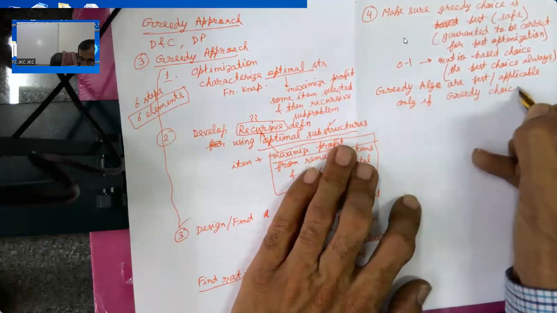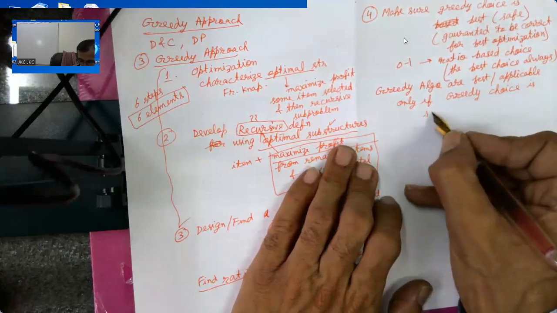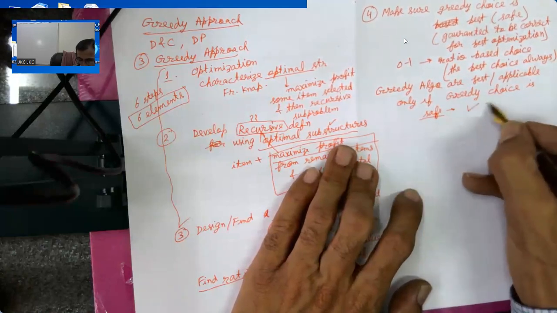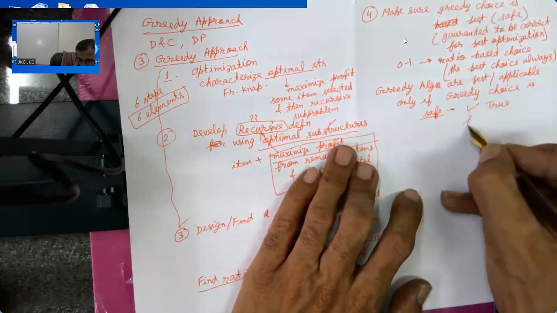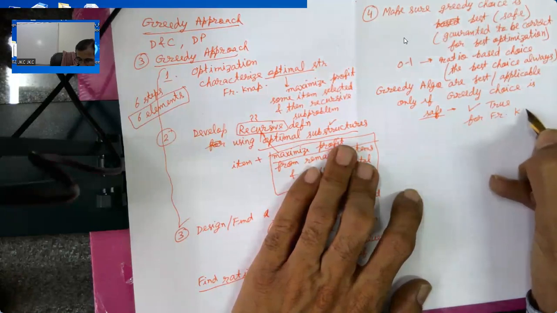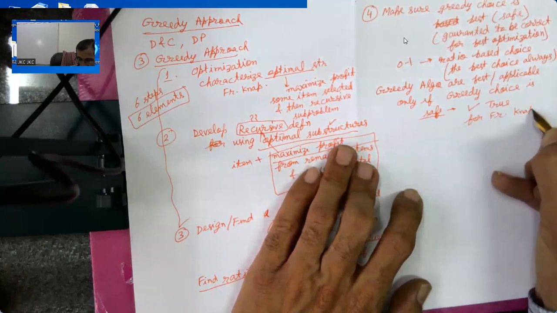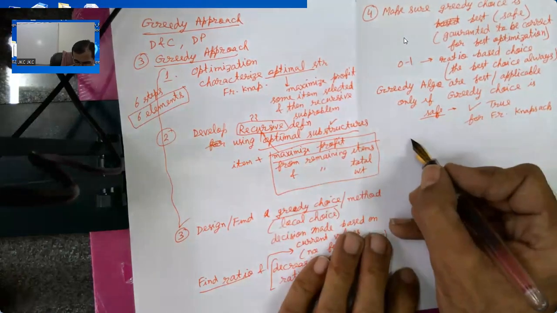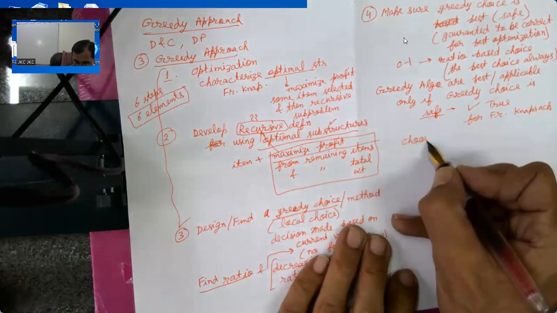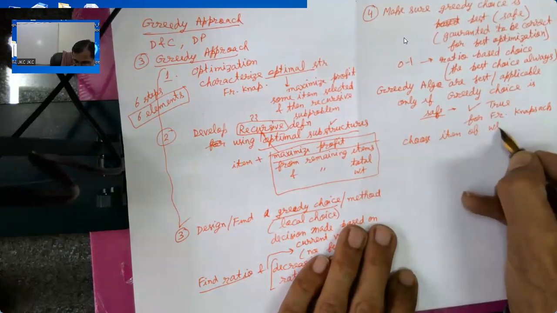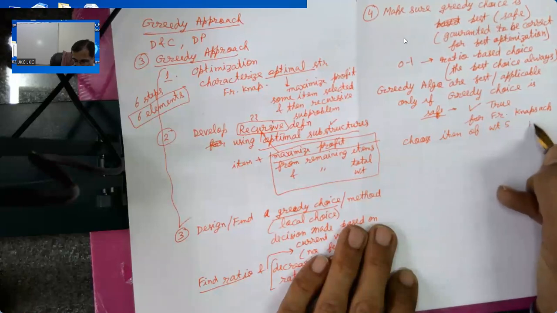I claim the same thing to be true for fractional knapsack. Why do I say this? For example, I said choose the item with weight 5, because that has the best ratio, 17 profit.